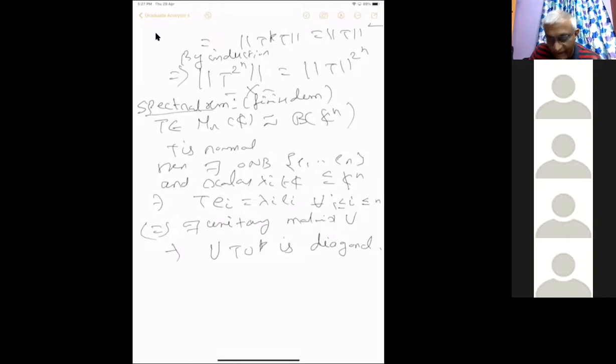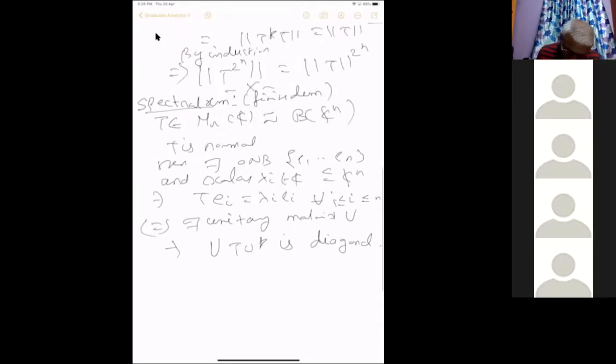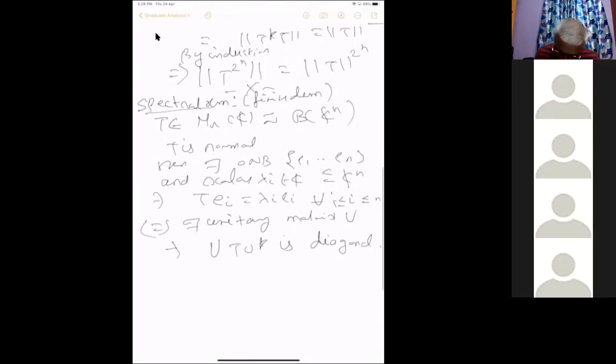It's a limit of finite rank operators in the norm topology. Any compact operator can be approximated by finite rank operators. So a similar spectral theorem is true for a compact normal operator. So that's what we want to prove. Okay. So we want to prove this kind of theorem for general compact operators.